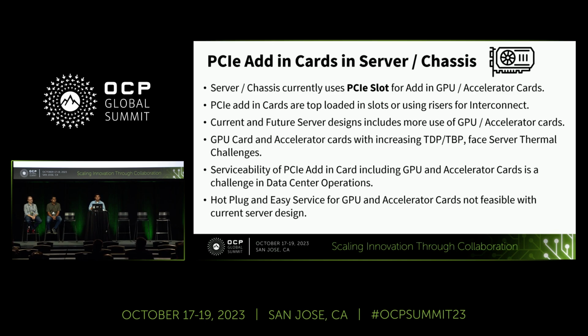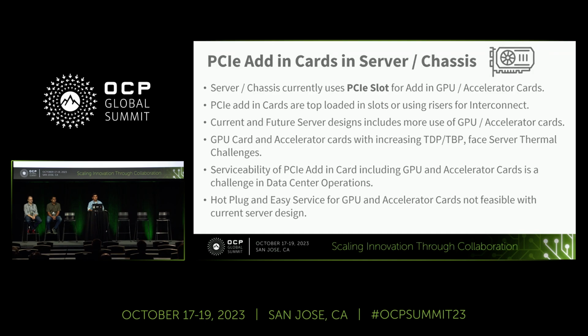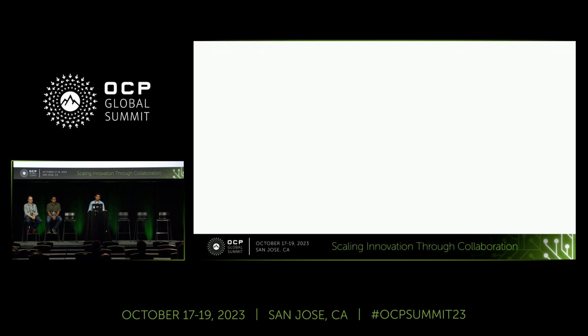To address all these challenges that we have seen with the design, we came up with the concept of a PCIe Cassette Modular Design. We used this concept in one of our shipping projects, which used a PCIe GPU card.